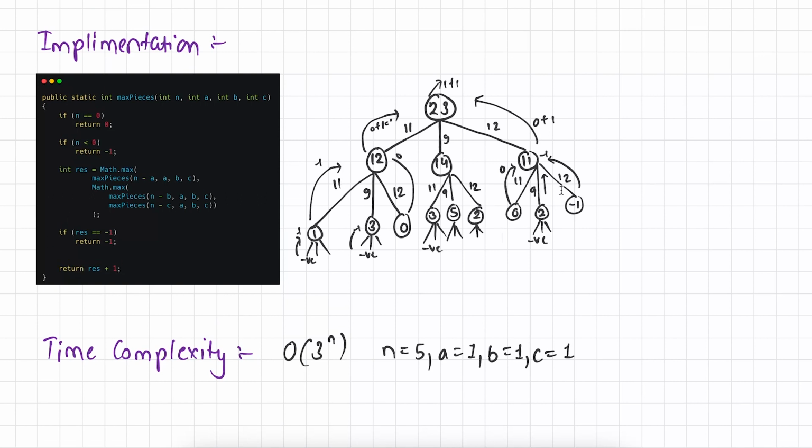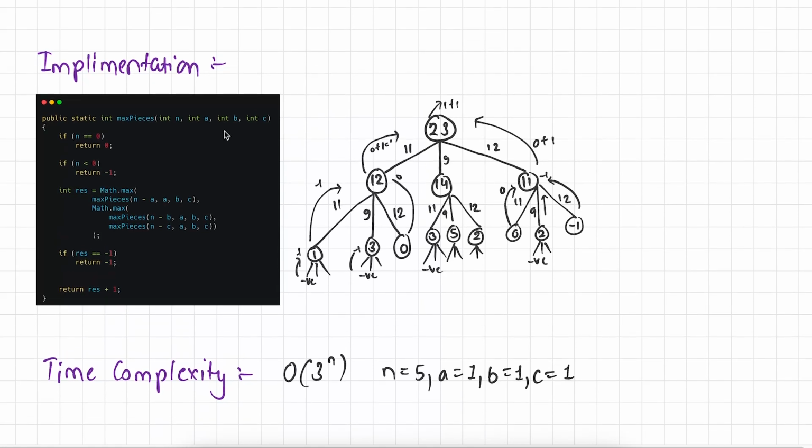Here you can see that it's going to return 0, -1 and -1 to its parent. So in this case the maximum of 0, -1 and -1 is going to be 0, and we add 1 to it to return 0 plus 1 to its parent. So this is the entire implementation of this recursive approach, and I hope you understood this.